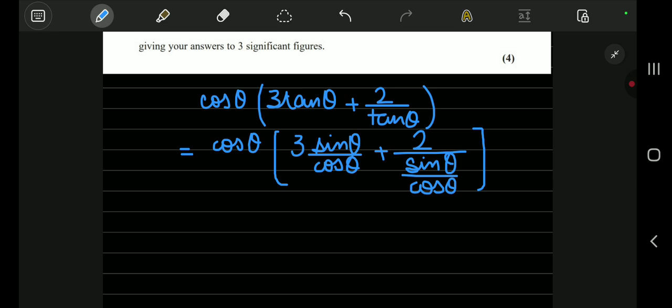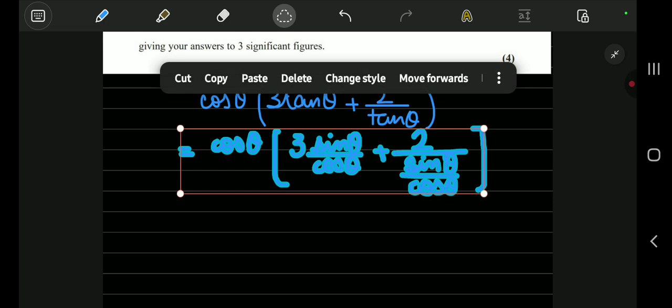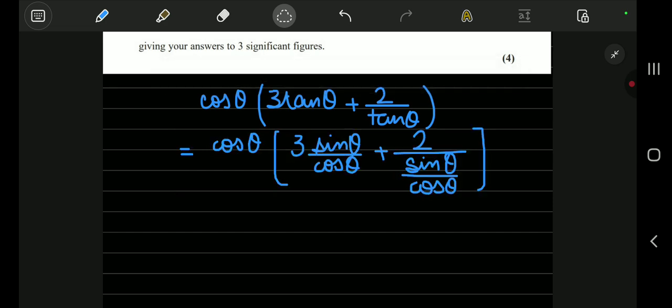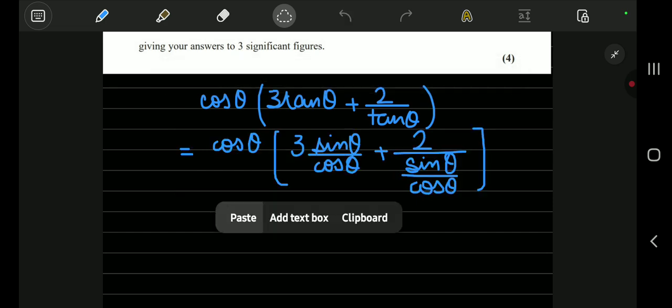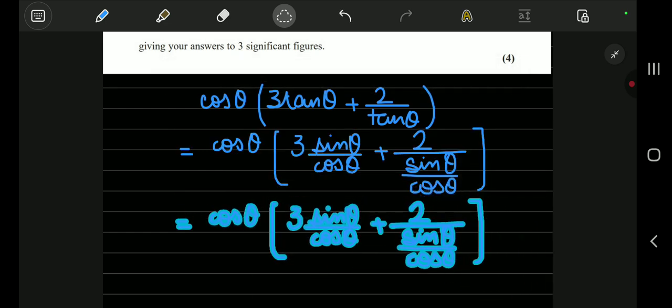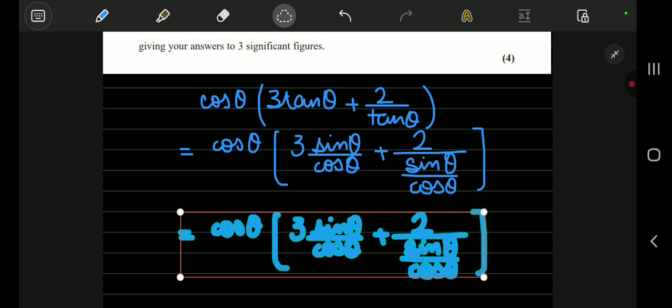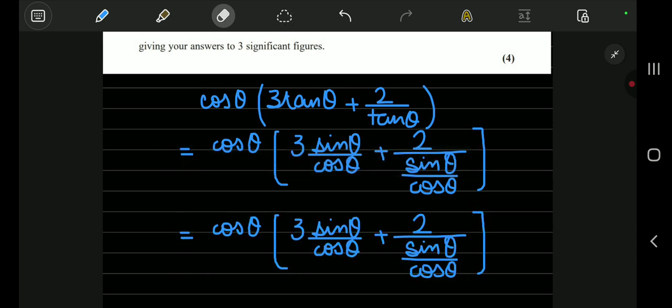Let's simplify this first. It will be the same, shifting this sine theta over cos theta into the numerator. It will give you cos theta over sine theta, so 2 times cos theta over sine theta.